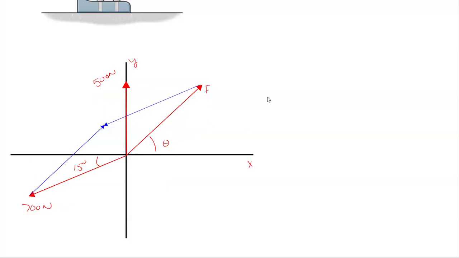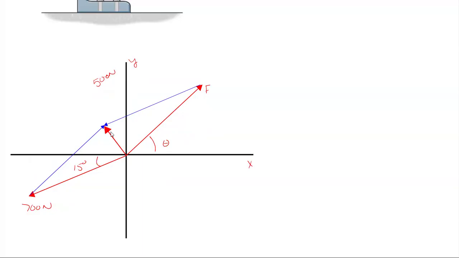Now, what is wrong with this picture? Well, what is wrong with this picture is that the resultant force should, in theory, go to the point where your two components collide. It should be from the starting point where your two components start to where the two pasted components collide.